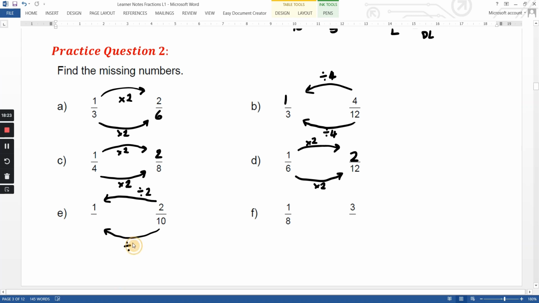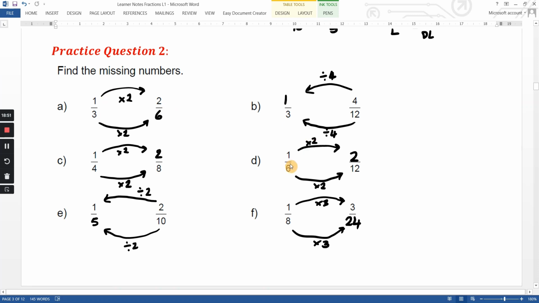So I'm doing the same for the denominator, which is 5. For this one, I'm going this way, which is times by 3. So let's do the same here. 24. So this is a combination of, sometimes we're simplifying, sometimes we're doing equivalent fractions.